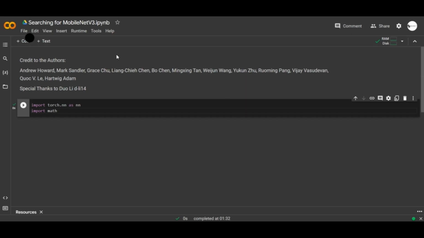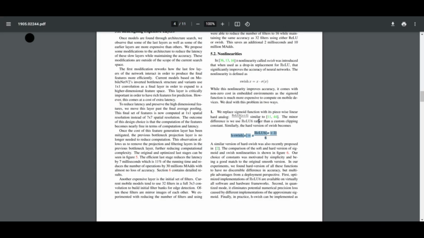So just to remind ourselves, let's look at the paper. We're told that a nonlinearity called swish was introduced, used as a drop-in replacement for ReLU. This swish function has an expensive operation, which is that sigmoid there.